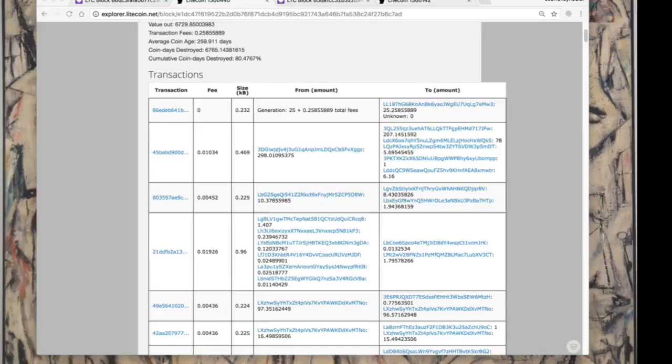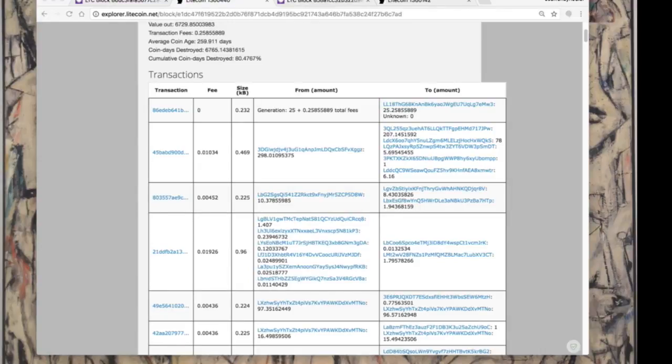The idea is that the older the age of a coin is, the less its ownership is disputed, and therefore you know that someone isn't trying to spend it quickly, and you have more assurance that in case of a split chain, that transaction will be permanently recorded. So there's no danger of it not being recorded in the blockchain if it's like, I don't know, 2016 blocks in, right? So that's the concept of CoinAge.